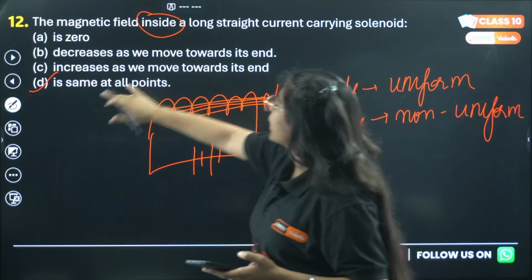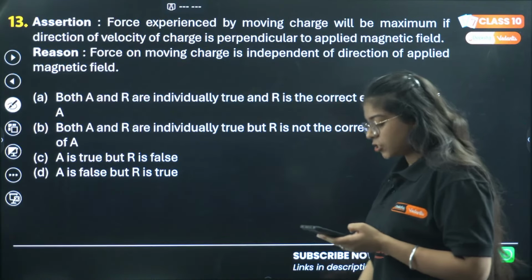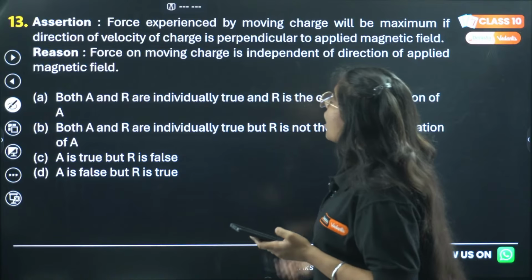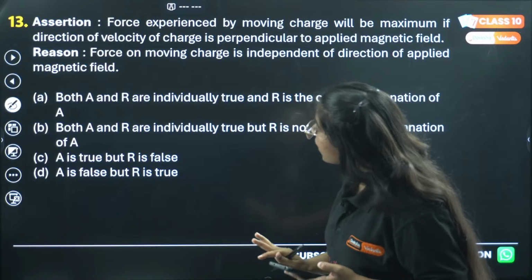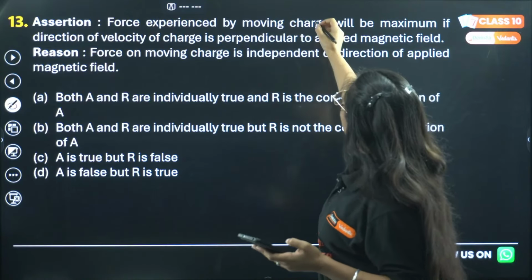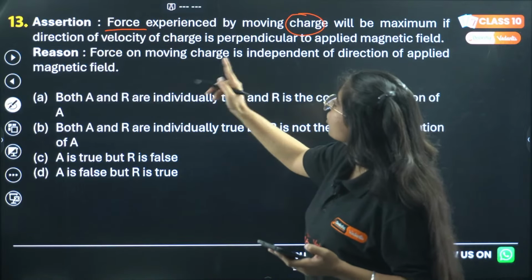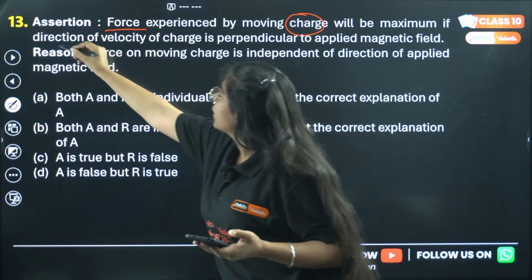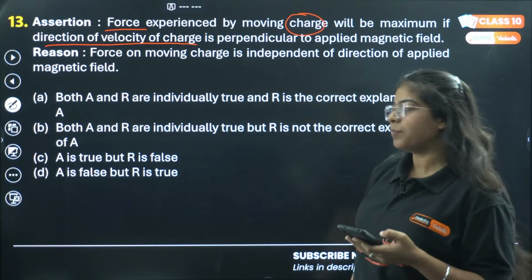Okay, is that fine? Let's move on to the next question, which is an assertion and reason question. Force experienced by a moving charge will be maximum if the direction of velocity of the charge is perpendicular to the applied magnetic field.